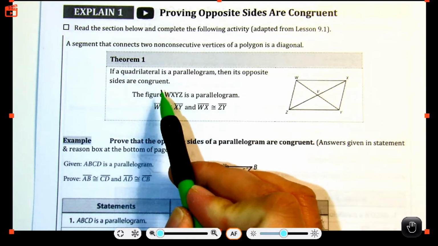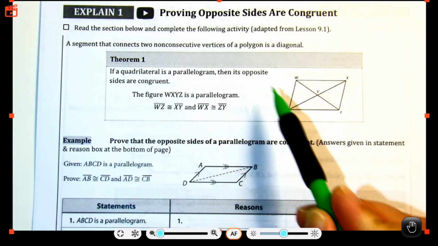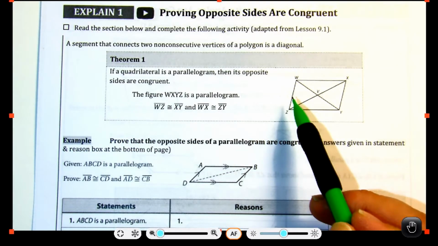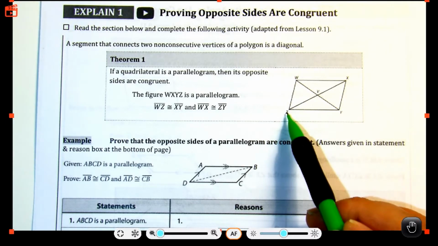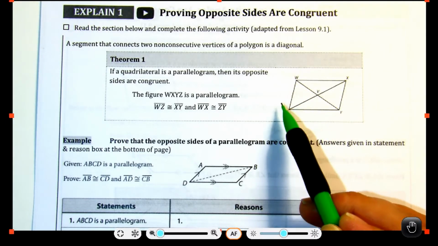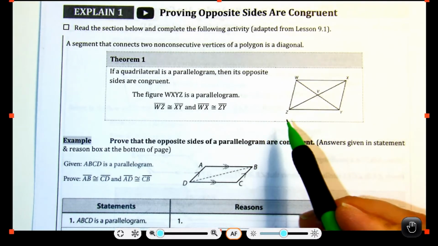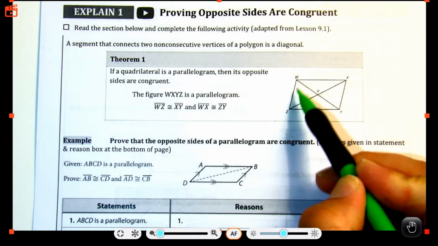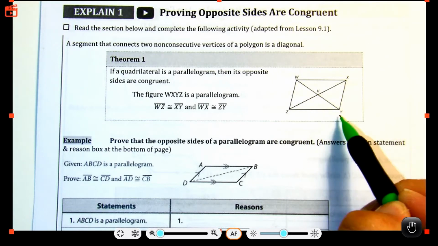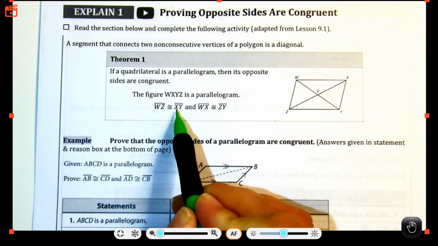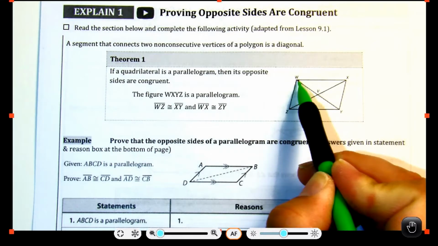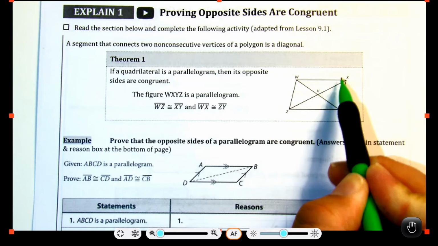So if we have a parallelogram WXYZ, then the opposite sides would be congruent. So WZ, this side, is congruent to XY. So this is what it says right here. Segment WZ is congruent to segment XY. And then WX is congruent to ZY.